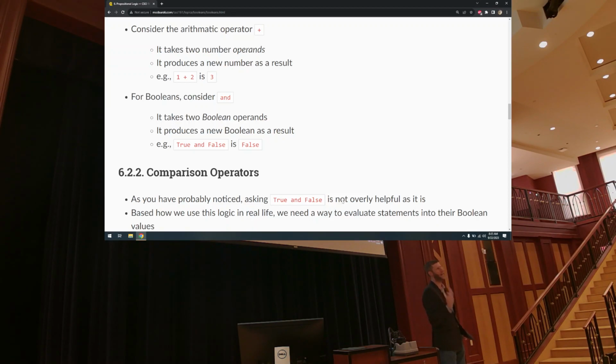Because I'm not wearing a hat, therefore the whole thing's false, because both have to be true. Similarly with or, I could say, am I wearing shoes, or it doesn't even matter what the other one is. The or will be true because the first one was true, because all that matters is that one is true.